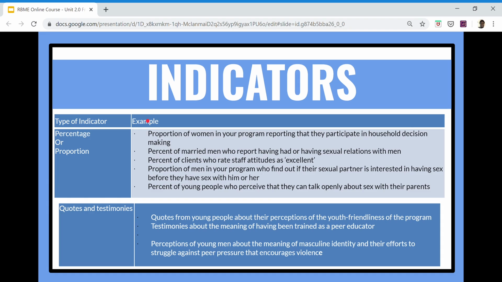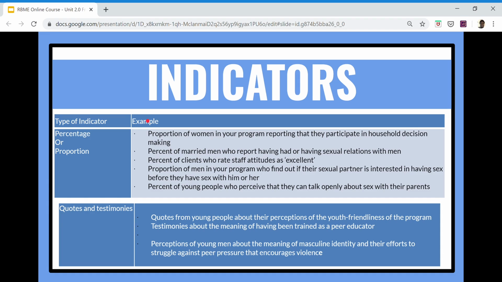But largely, what we do with indicators, depending on the program, is to develop them with the stakeholders and the beneficiaries, so they can also take ownership of the success of the program, because indicators are what we mean by success. They tell us when we are successful.